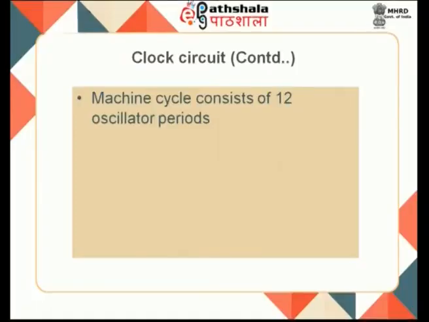What it means is, if I want to do one process in a machine, it needs 12 oscillator clock cycles to do that. Each process will be done by a system with one machine cycle, and for this 8051 controller, one machine cycle needs 12 oscillator periods.